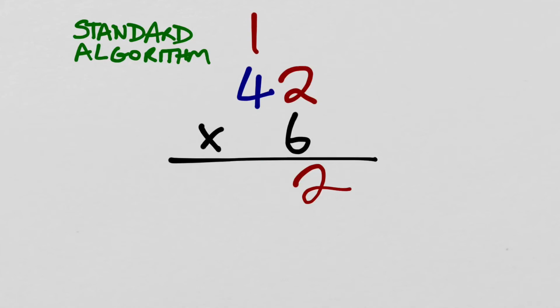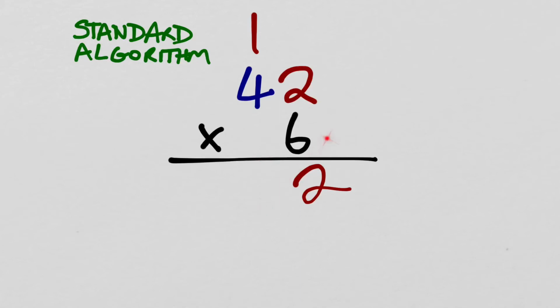Now the next step is the 6 times the 4, or 6 times 40. So that's going to be here, and that's going to get written down here. Now 6 times 4 would be 24, with the 2 in the tens place and the 4 in the ones place. 6 times 40 would be 240. So that's why I'm going to write the 2 here and the 4 here, because it would be a 2 in the hundreds place and a 4 in the tens place.